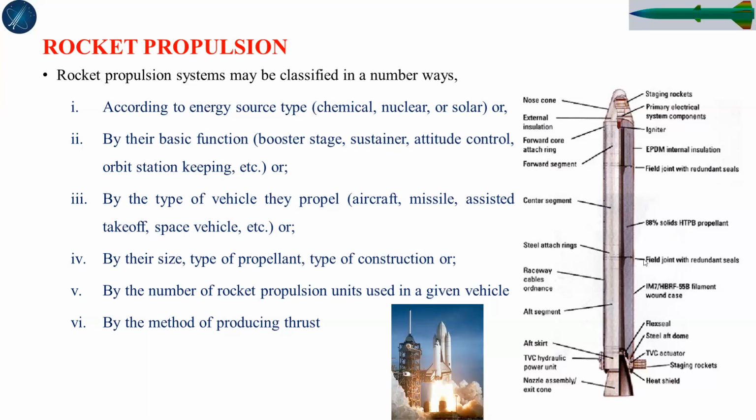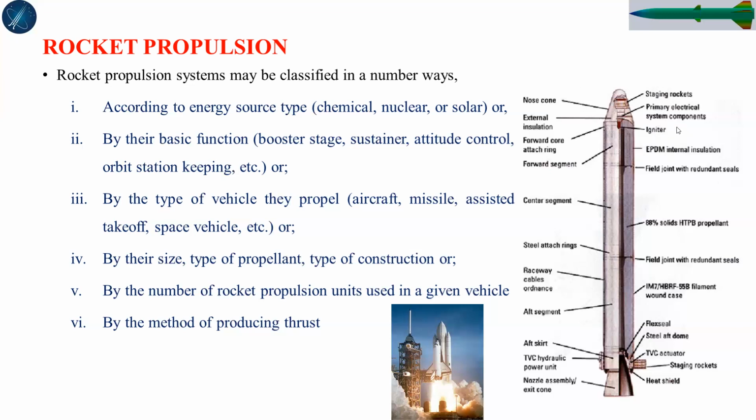So one stage is here, another stage is here, and the payload, or other important items that we are sending to space, are here. These are very sophisticated parts of the rocket which we are sending to space or somewhere else. We don't know. So these are called payload.